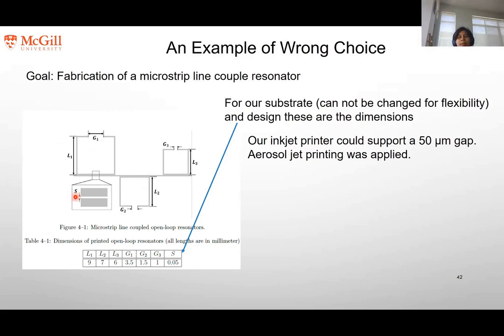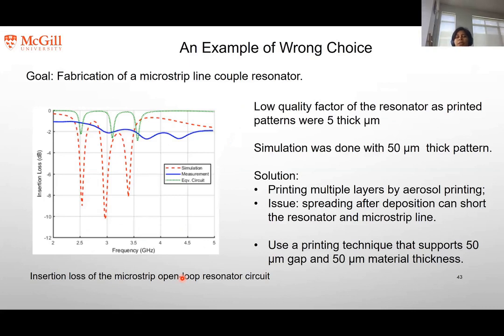So to go for this small feature, the only available printer we had, the aerosol jet printer, could print a gap like that. So we did use the aerosol jet printer, but when we made the resonator and measured it, the blue line is the measurement, you can see that our quality factor went down, whereas in the simulation we have a very nice quality factor.